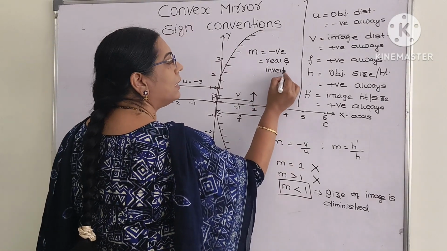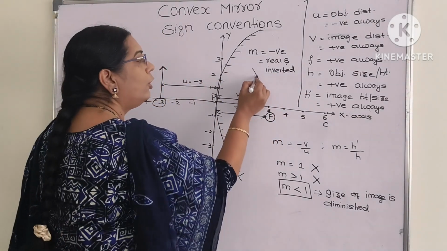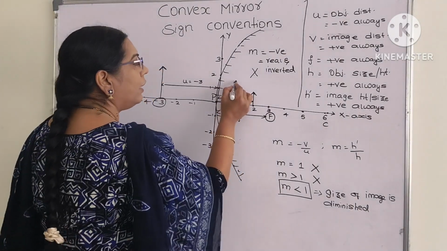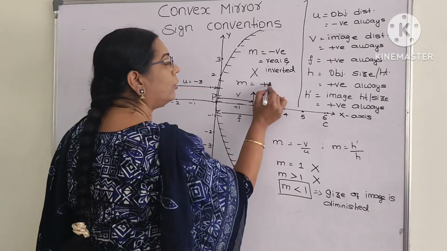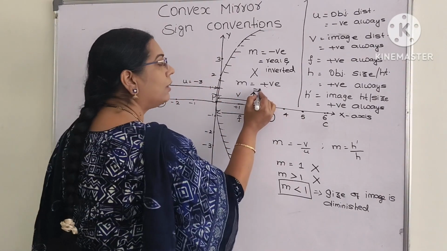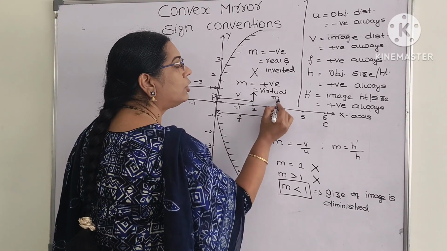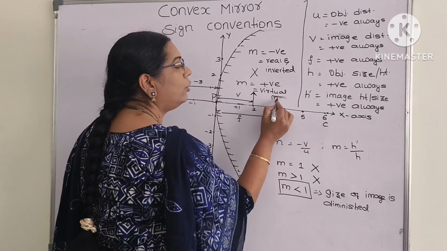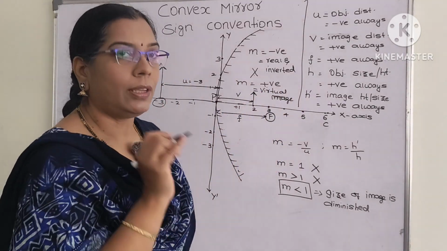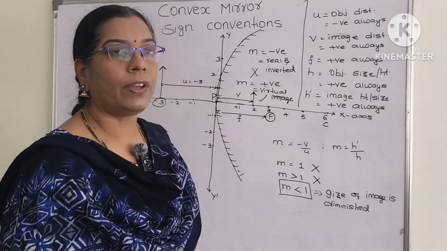Since a convex mirror doesn't form a real and inverted image, you cannot have a negative sign for convex mirrors. Then m is positive. The moment I say positive for magnification, it means that the mirror is forming a virtual image. And you know, a convex mirror always forms virtual images. Hence, this is possible for a convex mirror.